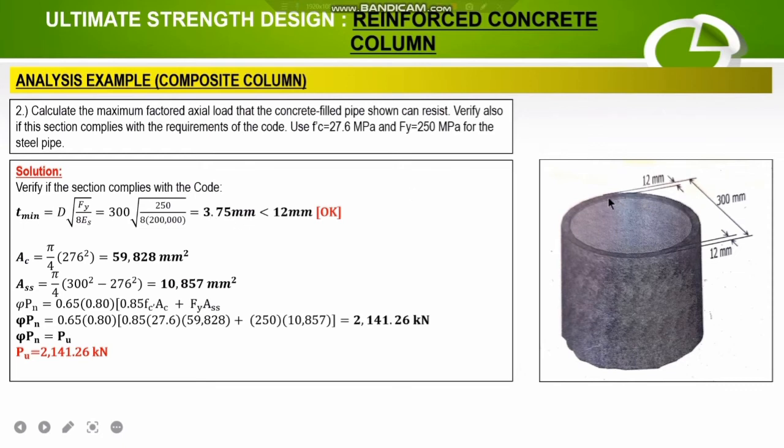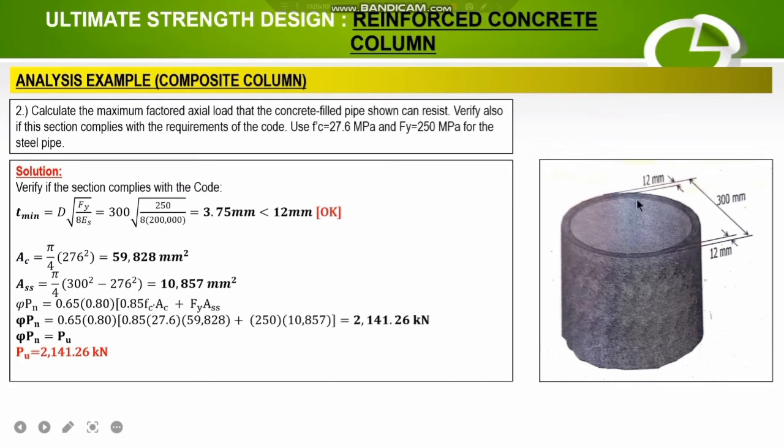Since the given structural steel shape has a wall thickness of 12 mm, compare the computed T minimum with the properties of the structural steel shape. So 3.75 is less than 12 mm. So the structural steel shape section complies with the requirements of the code. Next, solve for the area of the concrete.